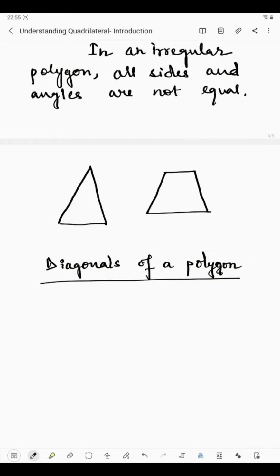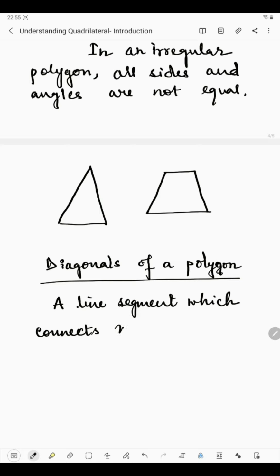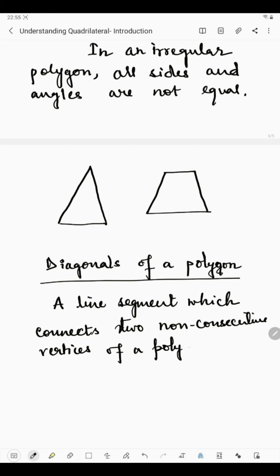Now what do you mean by diagonals? A diagonal of a polygon is a line segment which connects two non-consecutive vertices of a polygon.